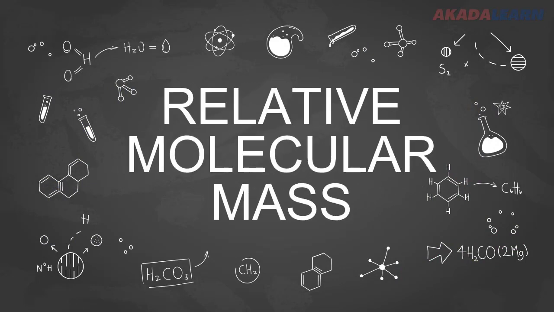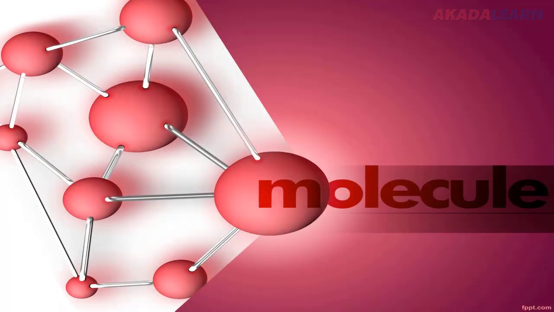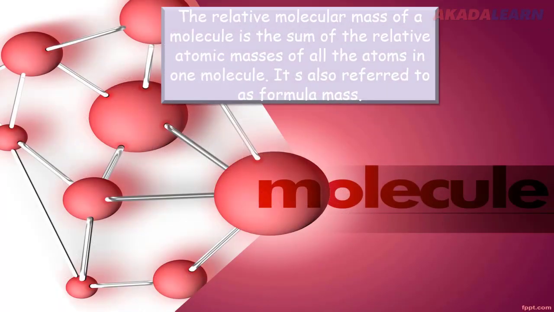So, let's now take a look at relative molecular mass. The relative molecular mass of a molecule is the sum of the relative atomic masses of all the atoms in one molecule of that substance. It's also referred to as formula mass.